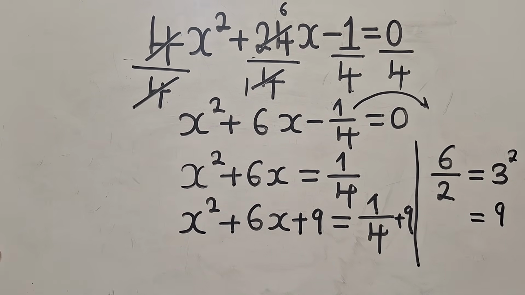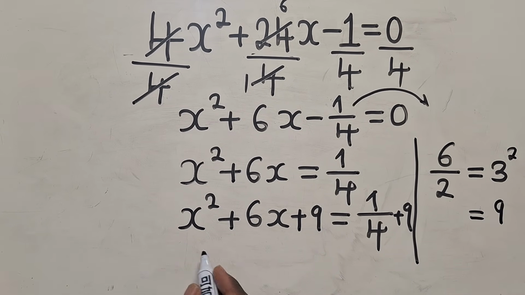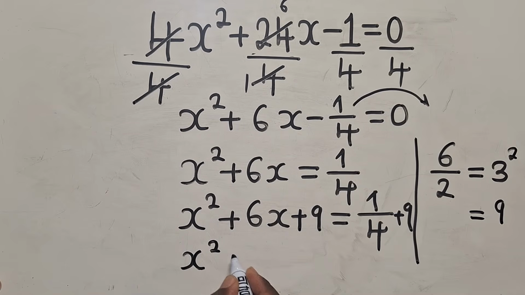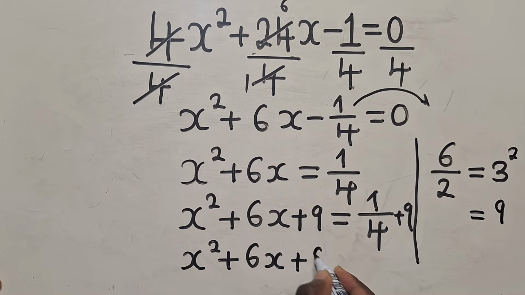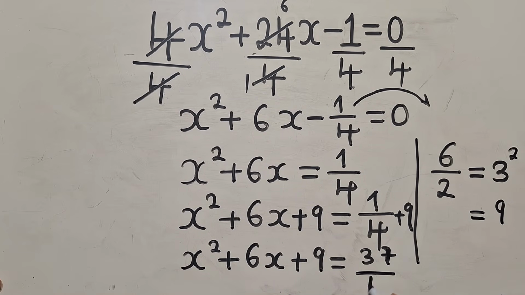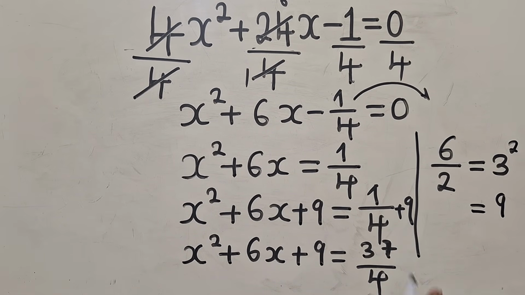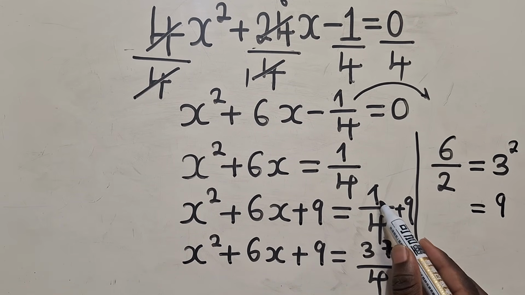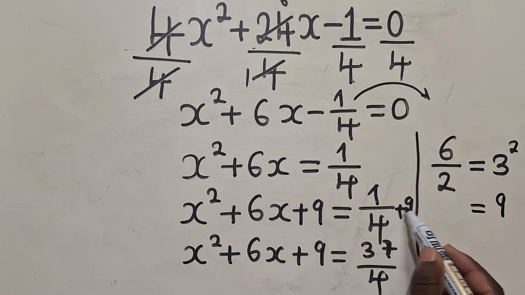So when we add this side, we're going to get x power 2 plus 6x plus a 9, which is equal to, this side, it will be 37 over a 4. So if you ask me, how have I gotten this 37? There is 1 over 4 plus 9.